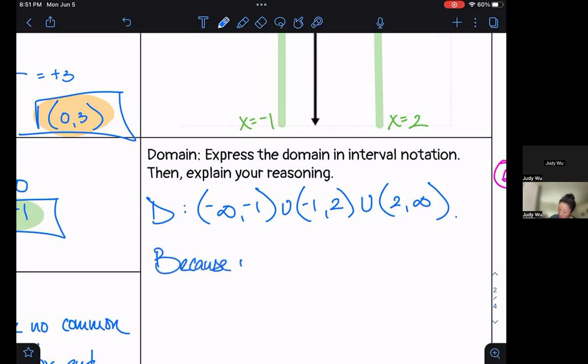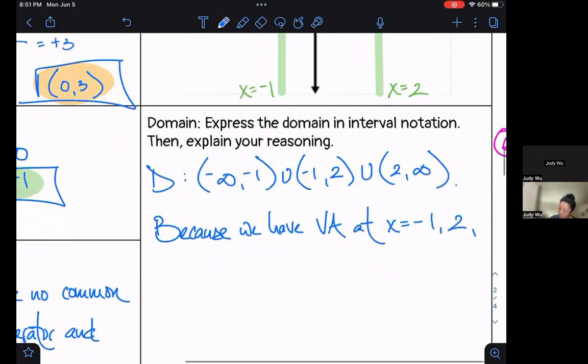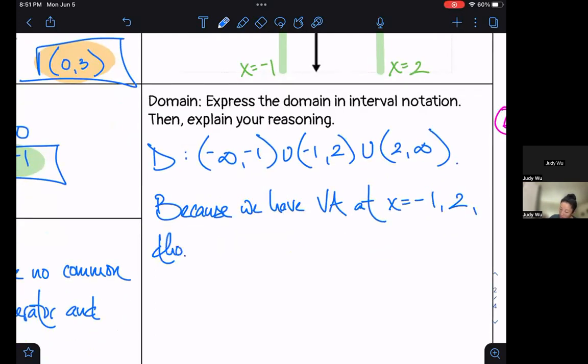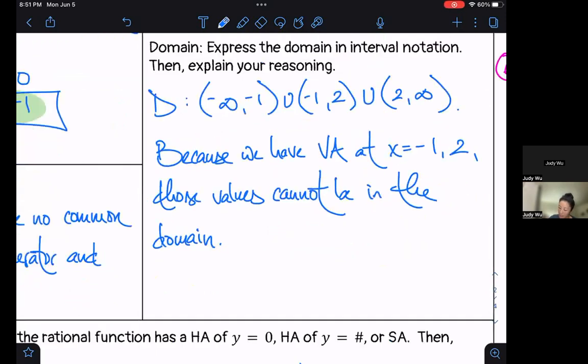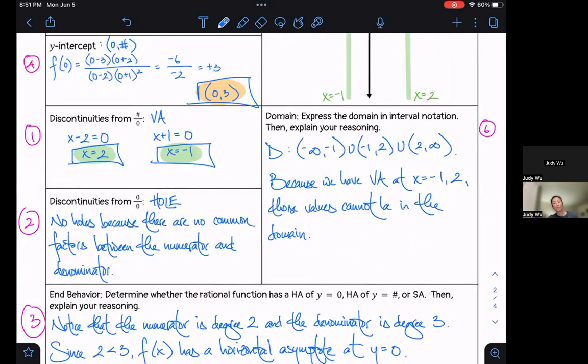Because we have vertical asymptotes at x equals -1 and 2, those values cannot be in the domain, right? Those values cannot be in the domain. And that, my friends, would be sufficient to explain what you've written here.